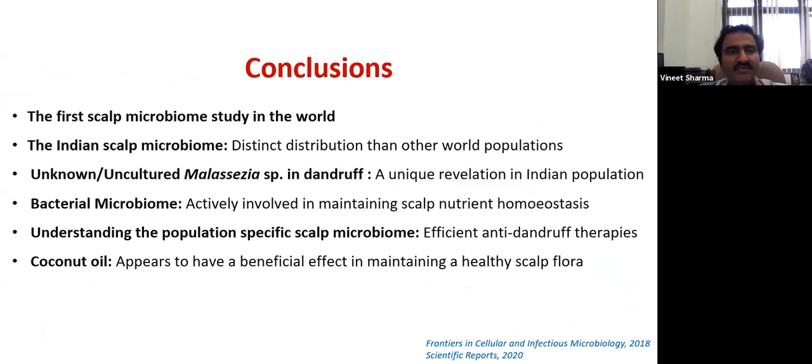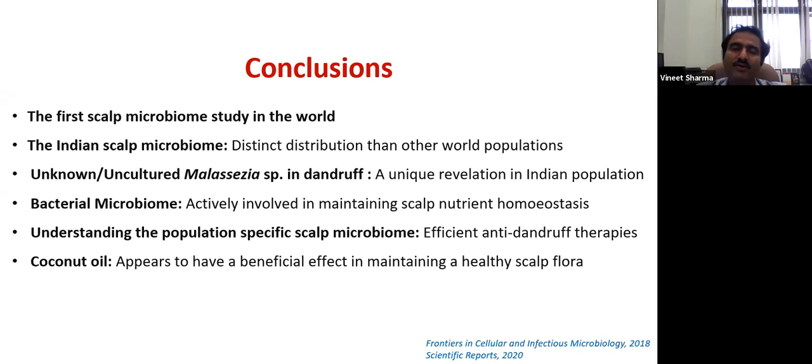So these were the largest scalp microbiome studies so far, and they revealed that the Indian scalp microbiome has a distinct composition of Malassezia, which is still unknown. Almost 40% we don't know yet what that is. So the anti-dandruff therapies that we use may not be able to target our dandruff with the greatest efficiency.